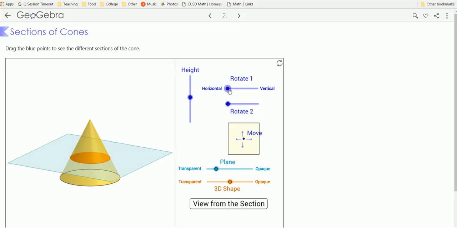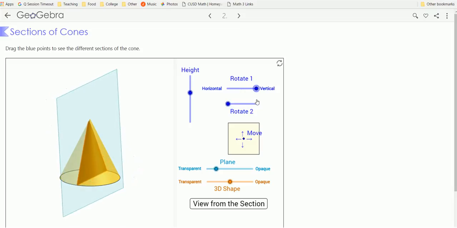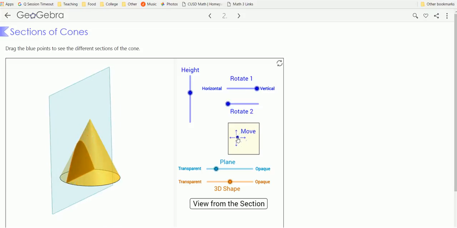As we rotate it a bit, it's no longer a circle, but it's an ellipse. So it's kind of a squished circle. And then as we continue to do this, let's move it over a little bit, we get a parabola.